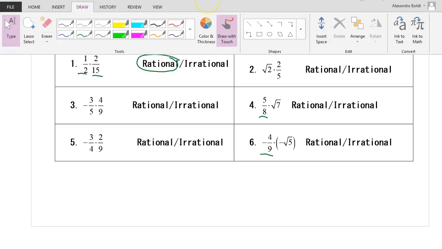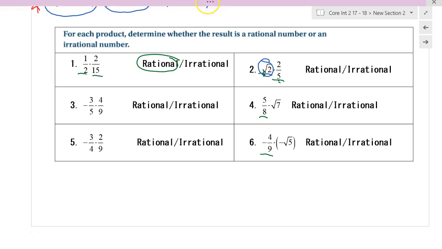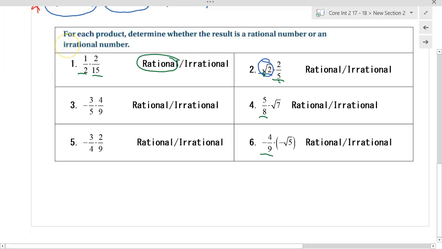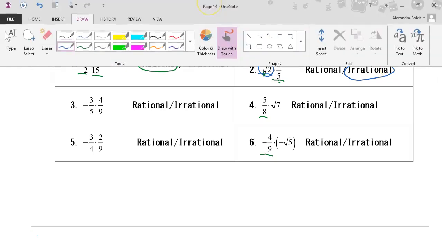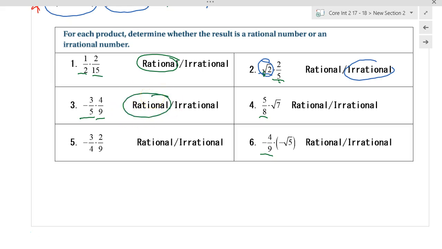Alright, number 2, I have an irrational number because of the root and a rational number because of the fraction. This one is going to be irrational. A rational and irrational always makes it irrational, according to our rule up top.